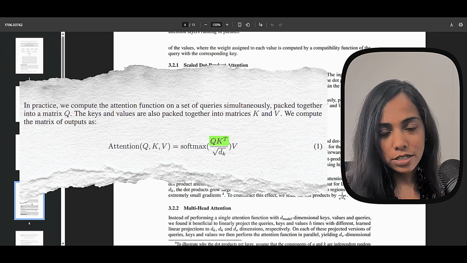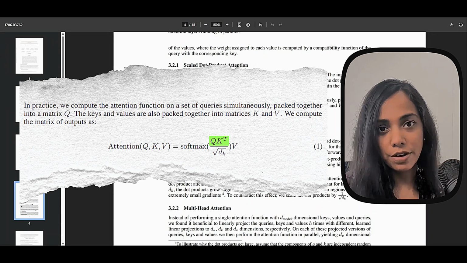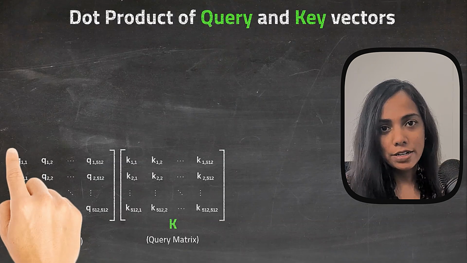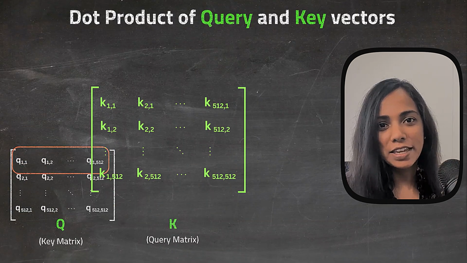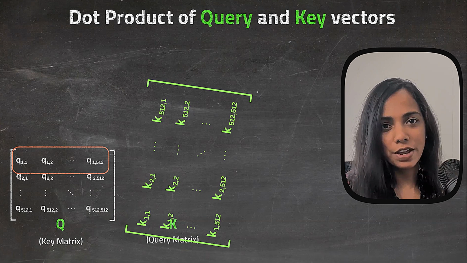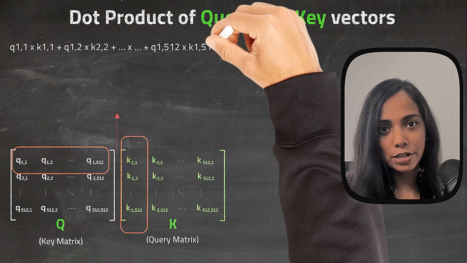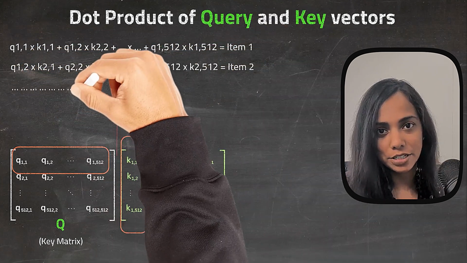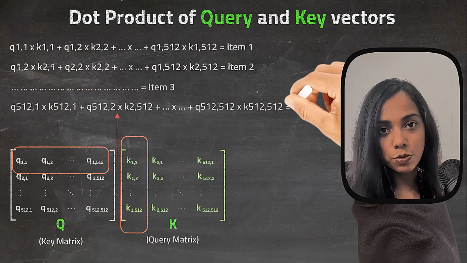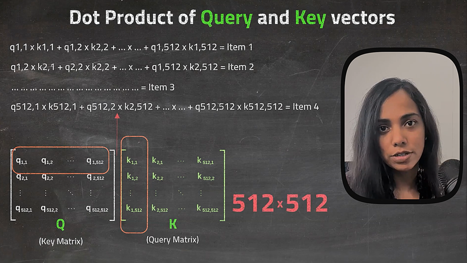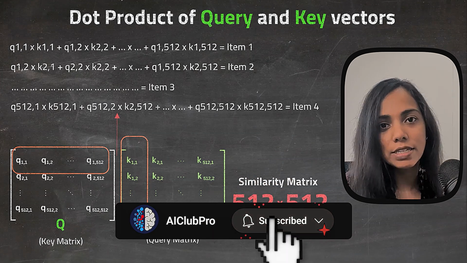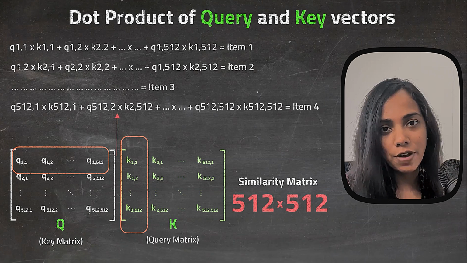A query vector of dimension 1 times 512, when it has a dot product with a key vector of dimension 512 times 1, results in a single number, a scalar value which represents similarity. When we do this for each word against all 512 words, including the padding ones, we get a similarity matrix of size 512 times 512, indicating how much each word relates to every other word.